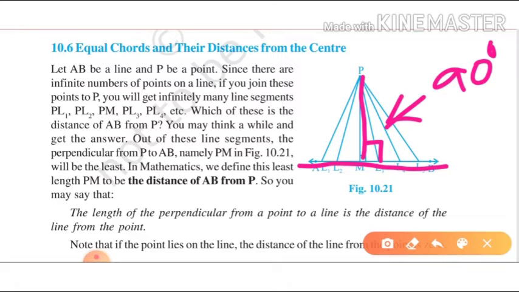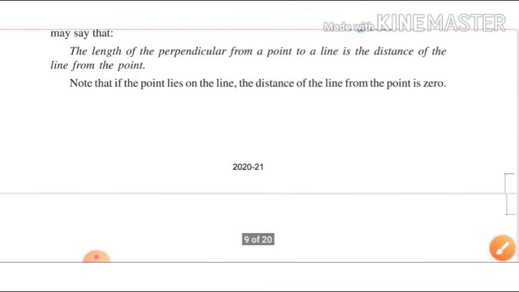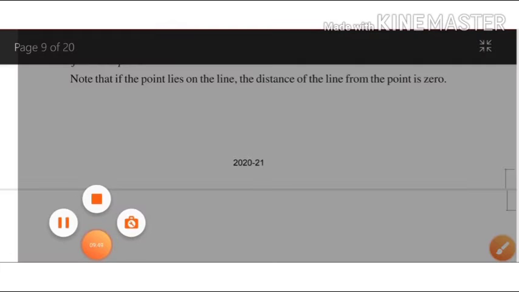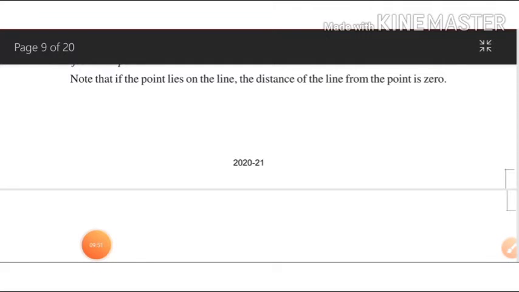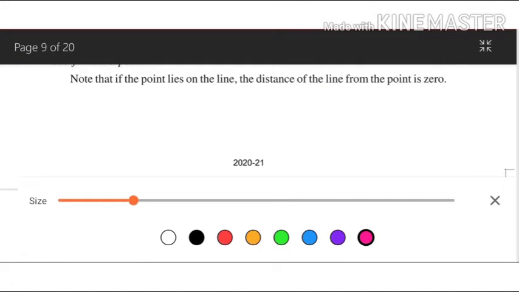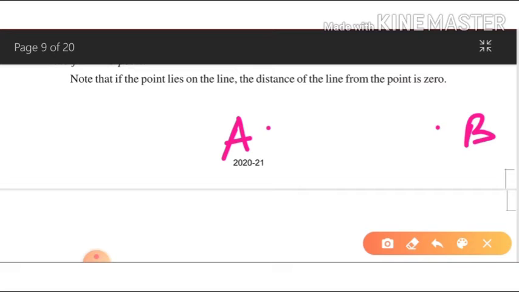So remember, the perpendicular distance between two points is always the shortest distance, or is always taken as the distance of any two points. That means if you take two points here, this point and this point, AB, now you can join them in different ways.